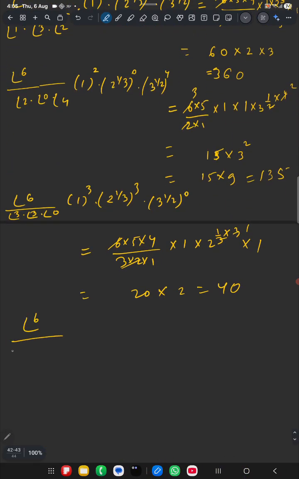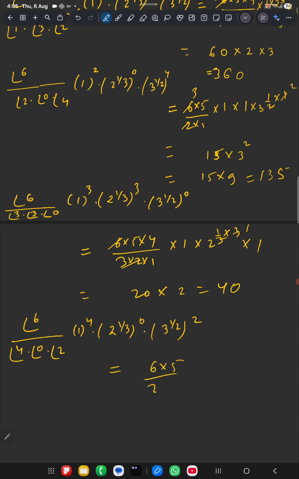Now come to this 402 and 600. So factorial 6, factorial 4, factorial 0 and factorial 2, into 1 raised to the power 4, into 2 1 by 3 raised to the power 0, into 3 1 by 2 raised to the power 2, is equal to 6 into 5 into 2 into 1 into 1 into 1 into 3. 1 by 2 into 2 gets cancelled. 2 3 are.